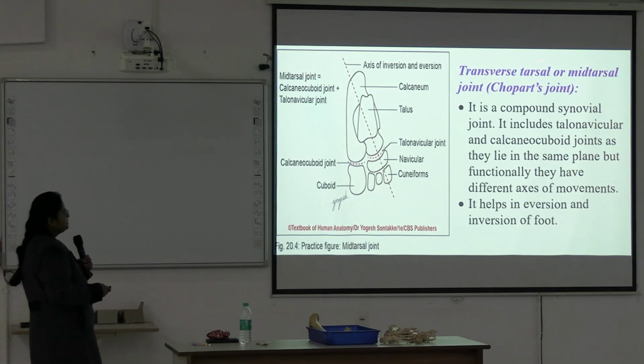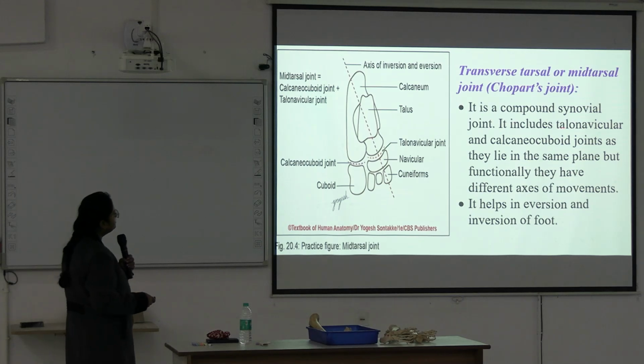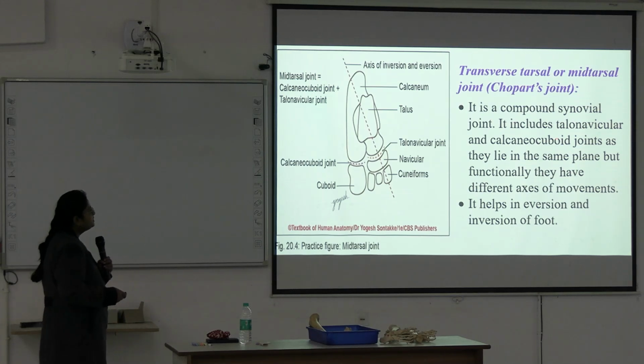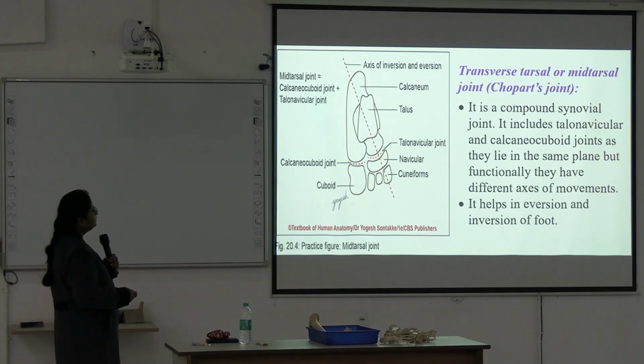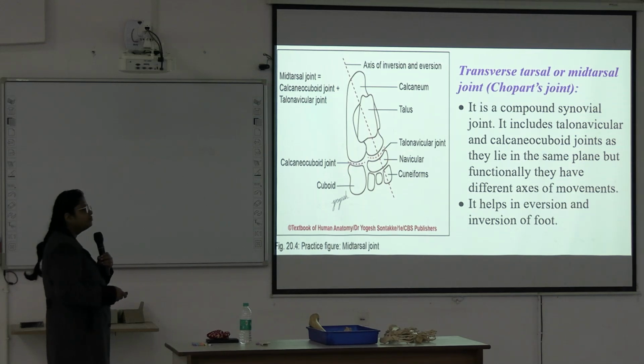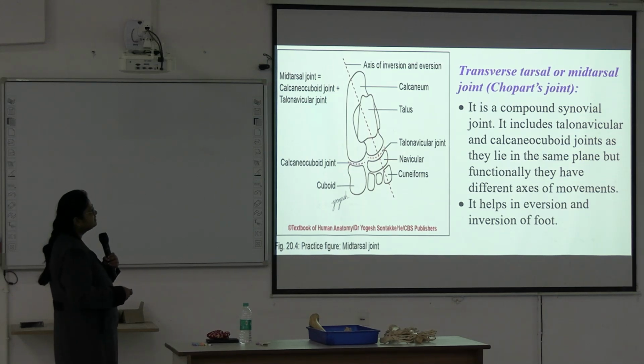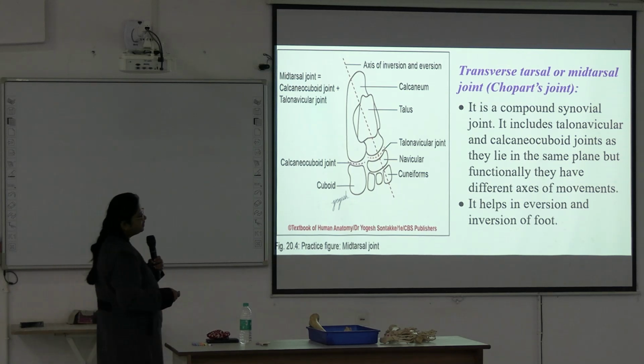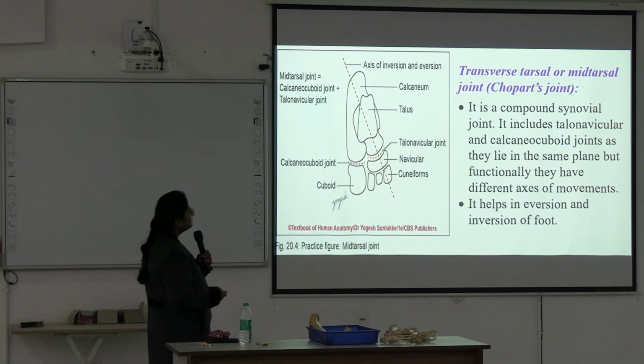we go to the transverse tarsal or mid-tarsal joint, Chopart's joint. It is a compound synovial joint that includes the talonavicular and calcaneocuboid joints. It is most frequently known as the mid-tarsal joint, but transverse tarsal and Chopart's joint names are also used.